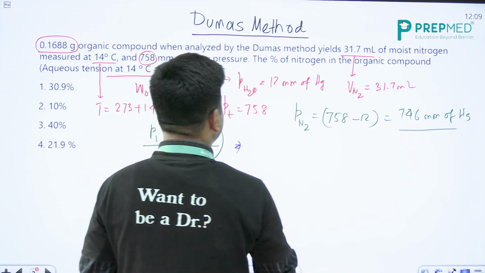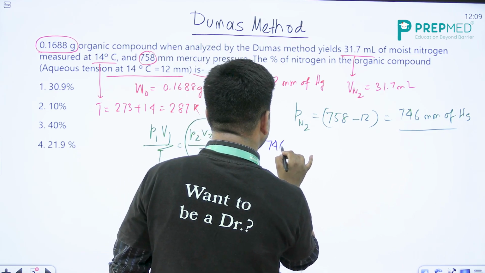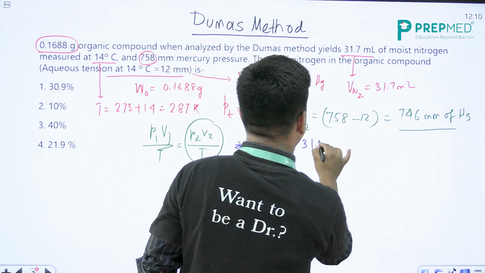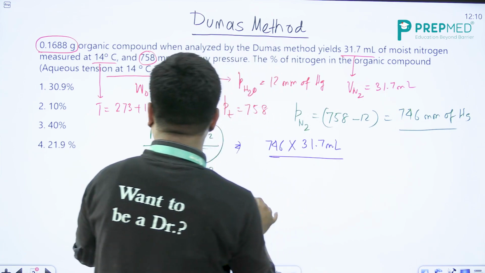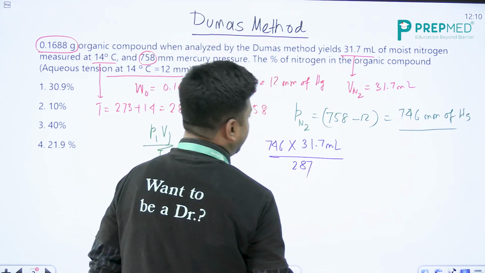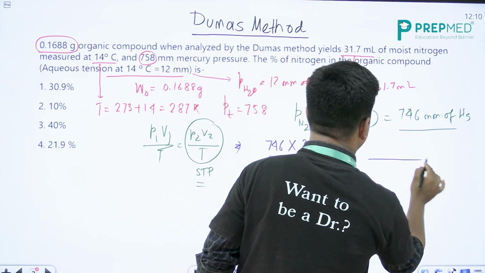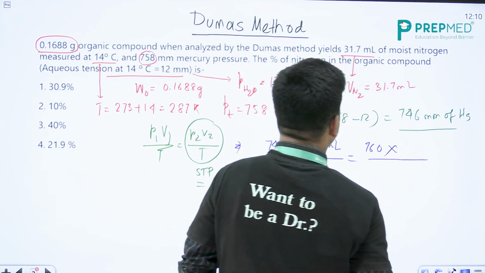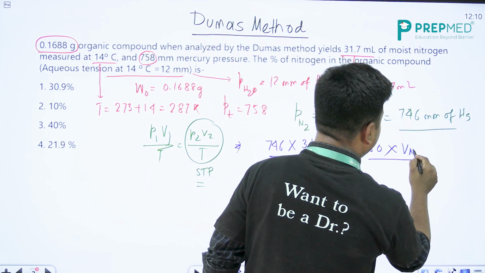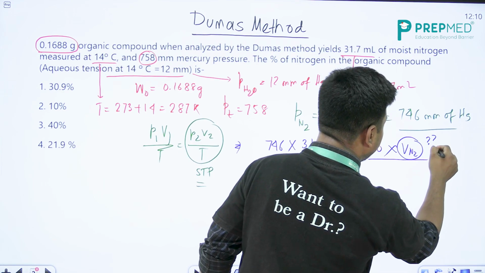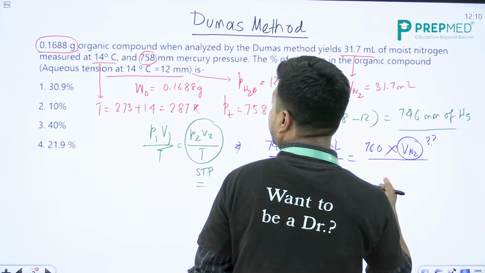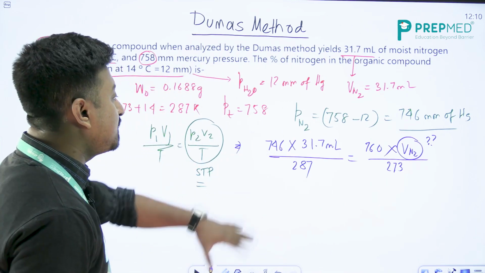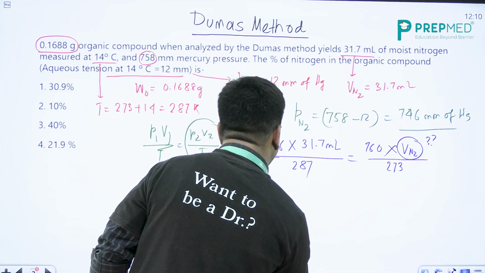From here what we can write is that your 746 multiplied by volume 31.7 ml divided by your temperature 287 Kelvin, that is equal to your pressure 760 millimeter mercury, that is equivalent to 1 atmosphere, multiplied by your volume of nitrogen. This one we have to determine, and the temperature which is given is 273 Kelvin.